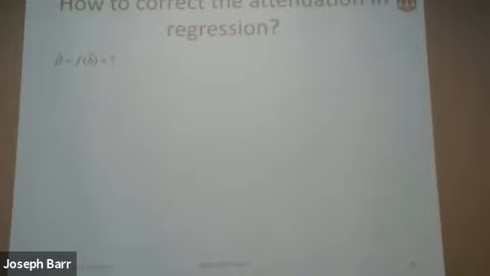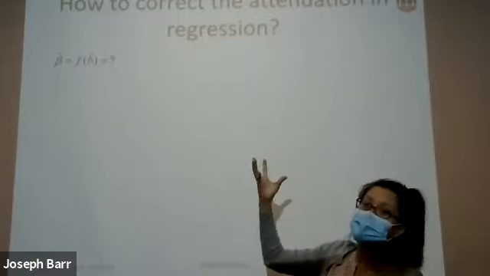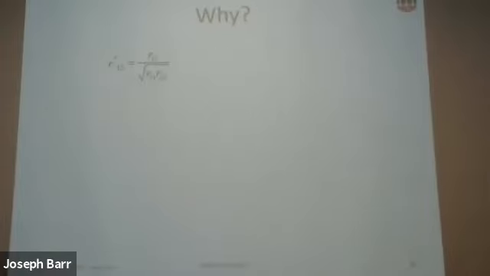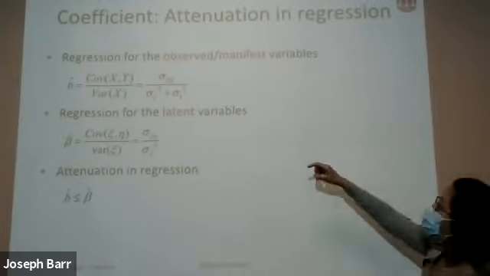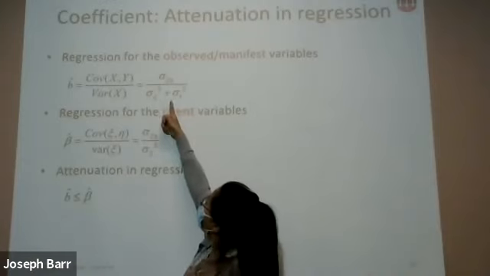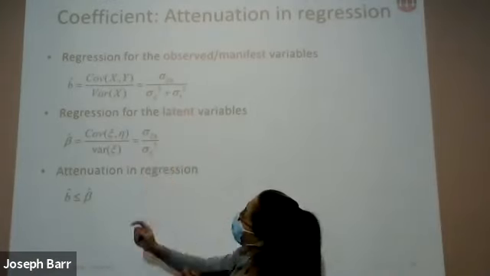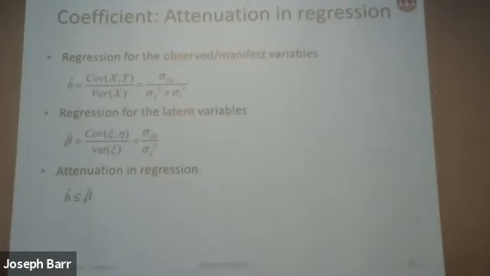And of course, how to correct that? The same logic. You can do it by yourself. It's really simple, just like the previous formula we did for the correlation. Starting from the observed coefficient slope, we can get the true version of the slope.